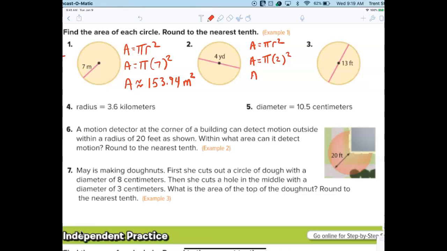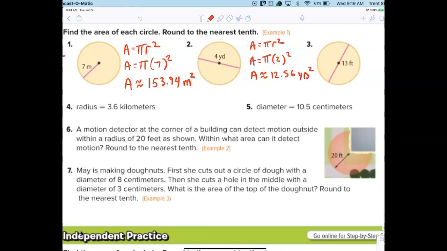When you're ready, tell me what the answer is. About 12.56, is that what you said? 12.56 yards squared. Perfect.